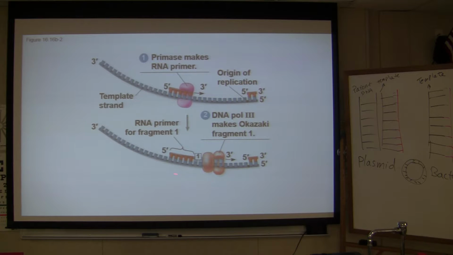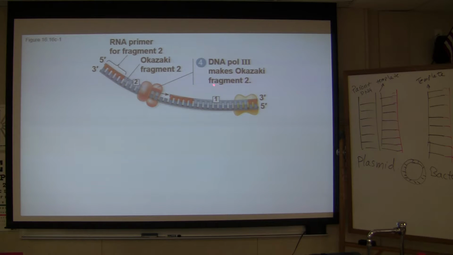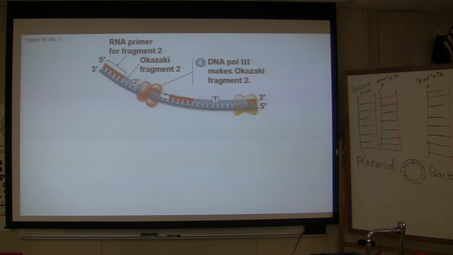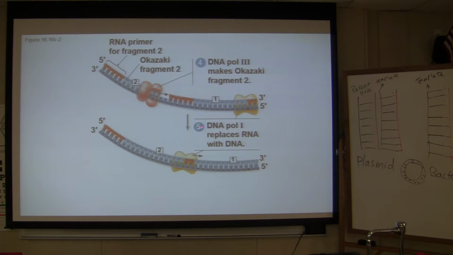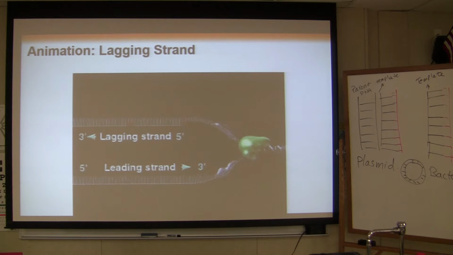Elongating, and so on. DNA polymerase 3 makes Okazaki fragments. DNA polymerase 1 replaces RNA with DNA, and of course the bottom ones are not being seen. Let's watch this video.